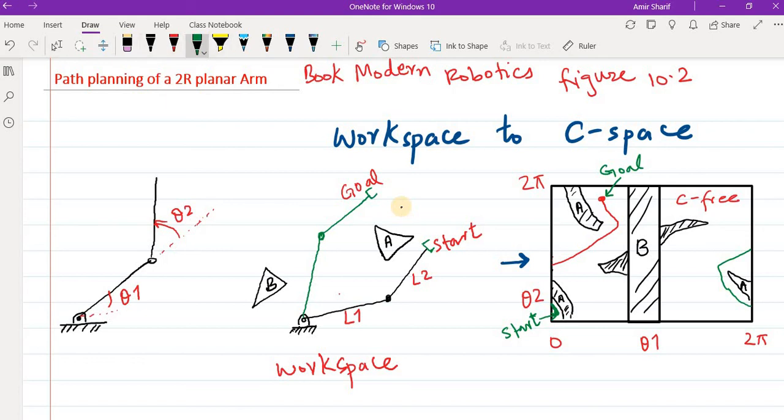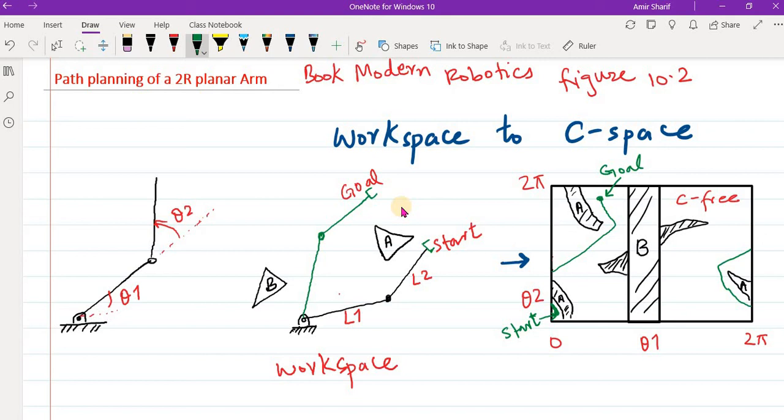Here I'll change the color again. So in the workspace, the robot will move like this here and then reach this configuration, okay?